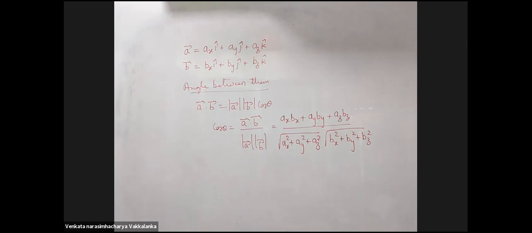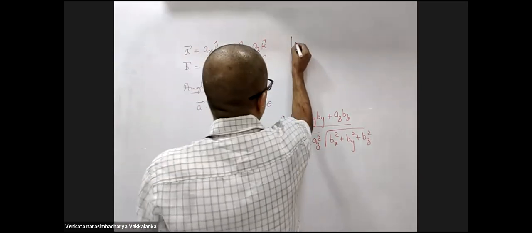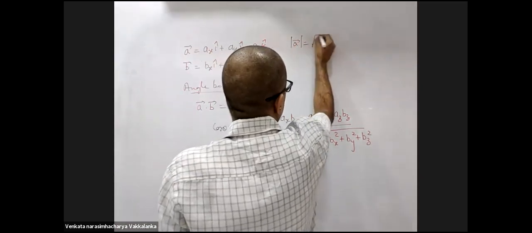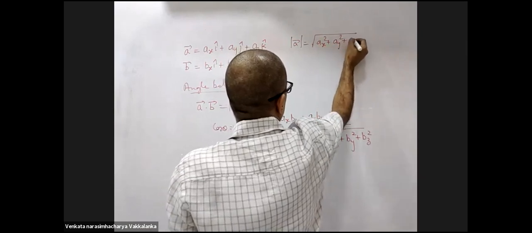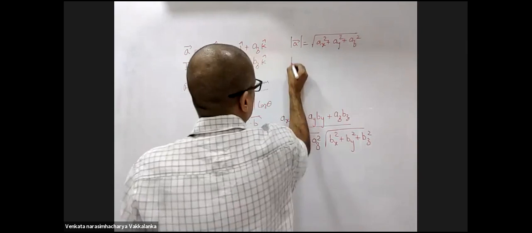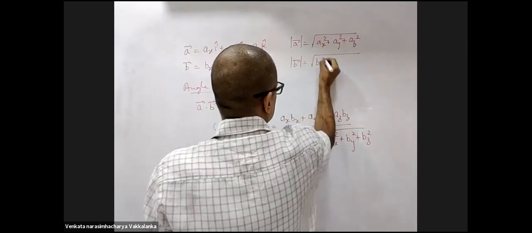Can you explain again why you took the root over of ax plus bx? What is the magnitude of the vector A? Root over of ax square plus ay square plus az square. Is everybody aware of this?